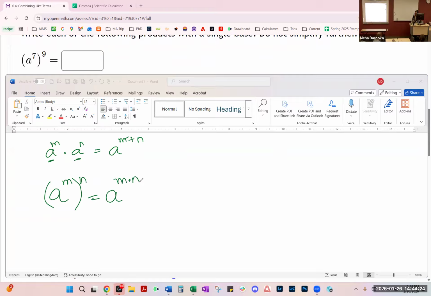So you are doing m times n. So single base, but with two different exponents. In this situation, like I said, this is called the power rule. You just end up multiplying 7 times 9. So what will that give us? Very nice. So a to the 63rd power.